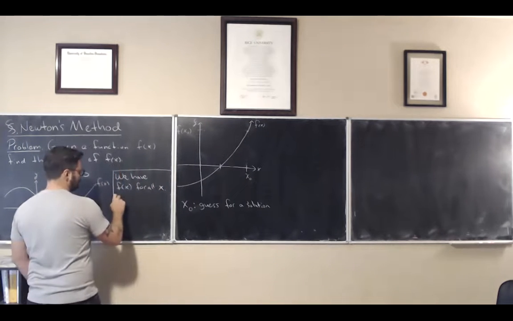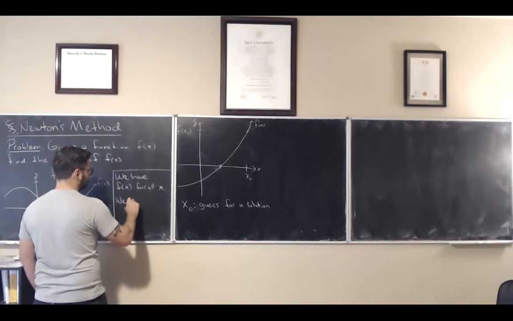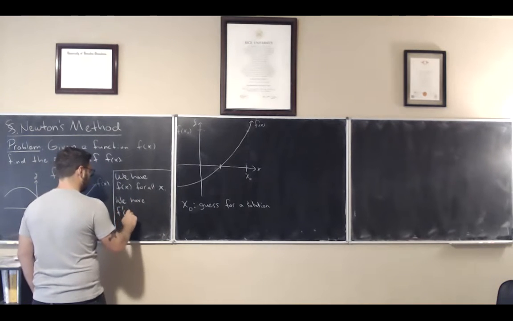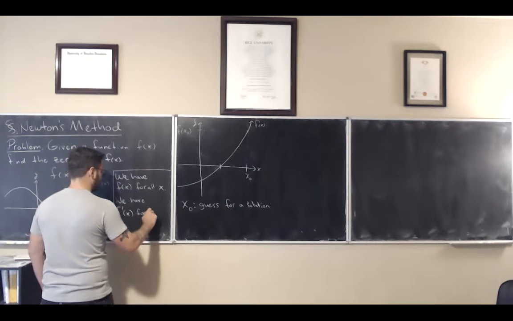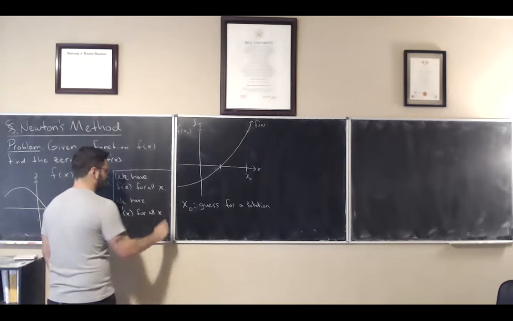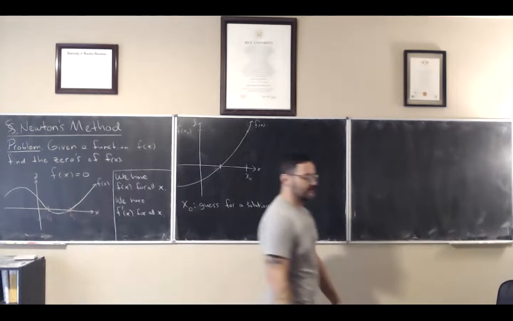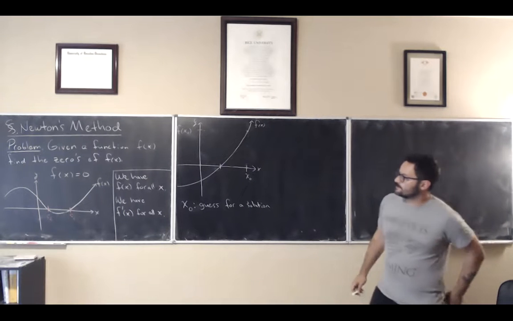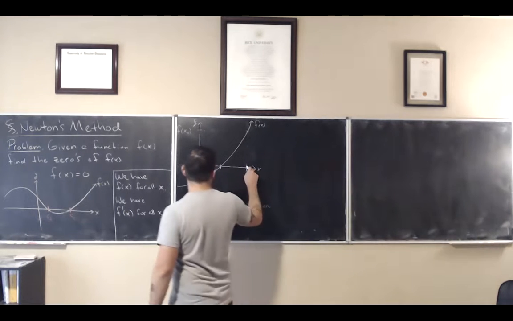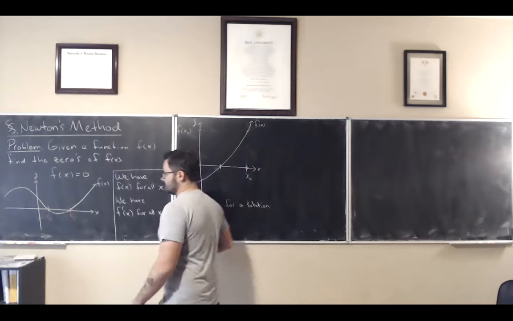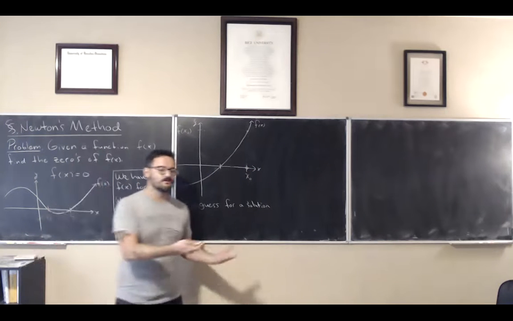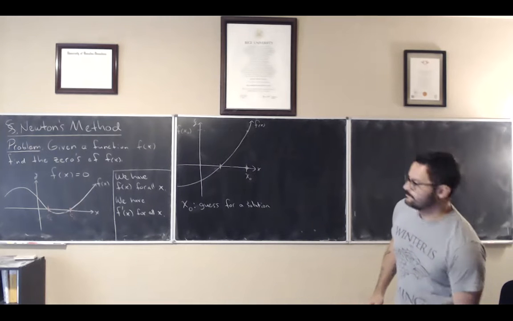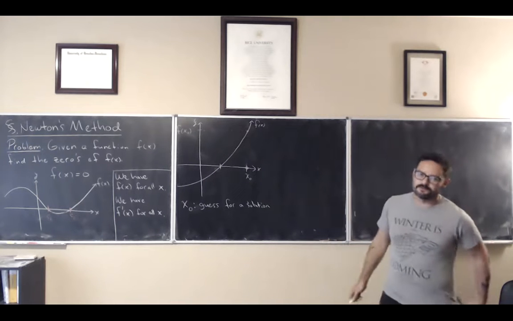But then we also are going to allow ourselves to have f prime of x for all x. So we can look at the derivative's value for any x that we choose. So this was our first guess. How can we use the first guess to make a new guess? And the hint is that we can use the derivative somehow.